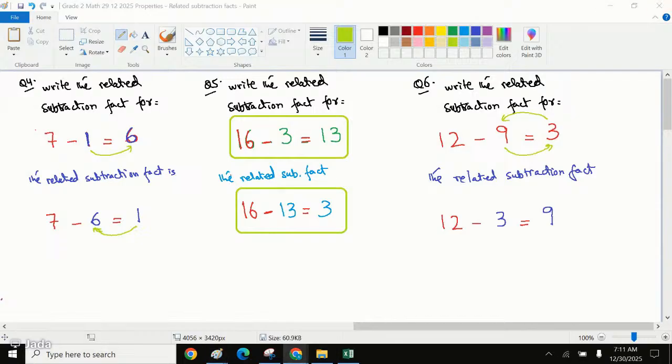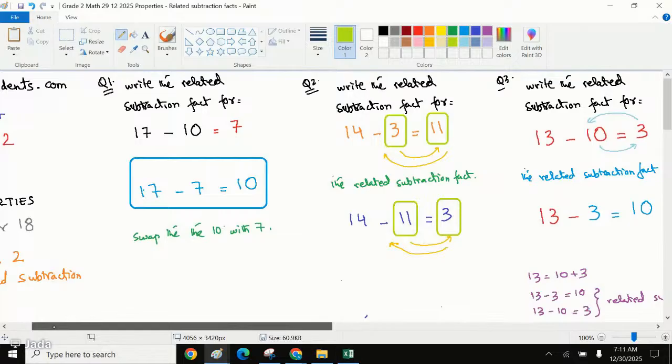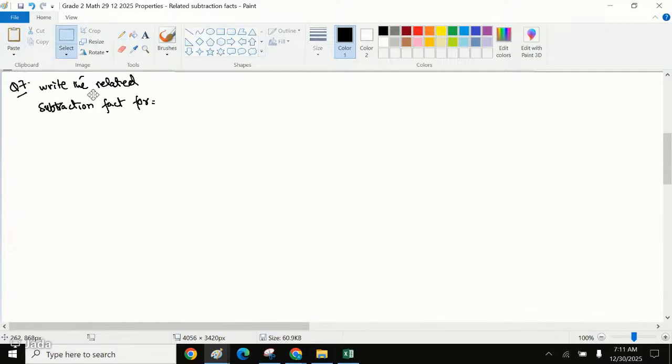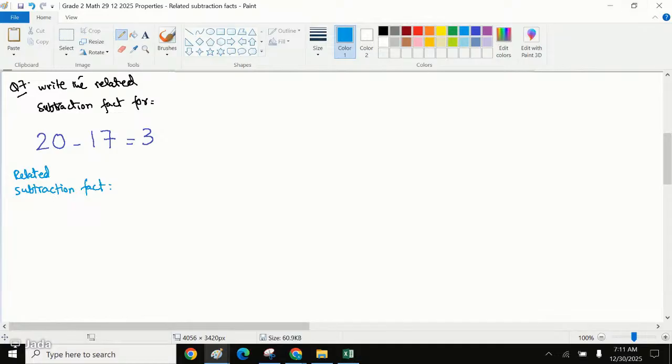The next question says, let me just copy the question. Question number 7 says, write the related subtraction fact for 20 minus 17 was equals to 3. Can anyone give me the related subtraction fact for this, while we swap their positions?